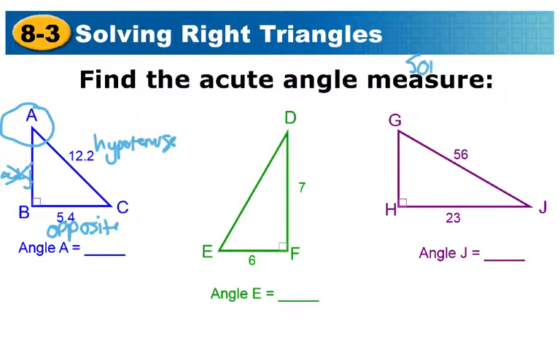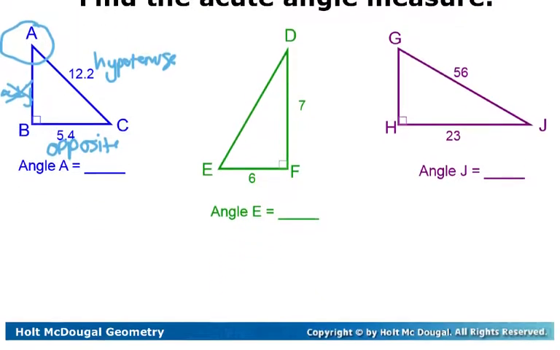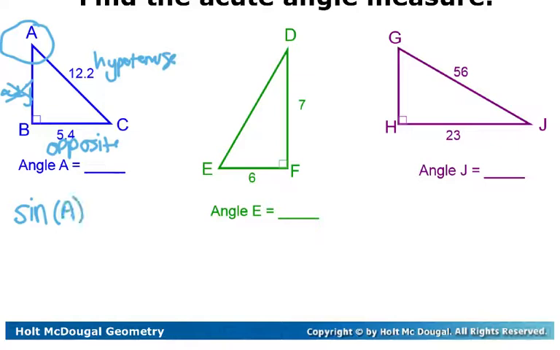So when I think of SOHCAHTOA, the only one that doesn't have adjacent in it is sine; tangent does, cosine does. So we're going to solve this by saying sine of my A angle measure is equal to opposite over hypotenuse, or sine of A, and again we don't know what A is, but it equals 5.4 over 12.2.